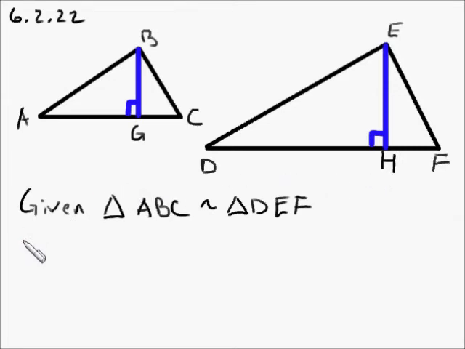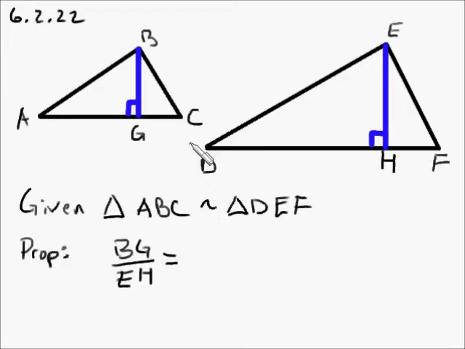Okay, so the proposition that we have to prove is BG divided by EH. The ratio between BG and EH is the same as the ratio between, and the textbook just says, their sides.